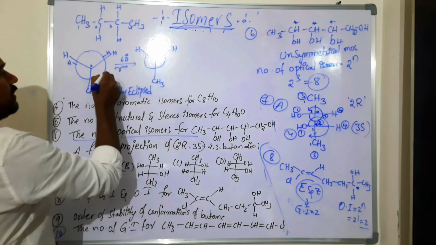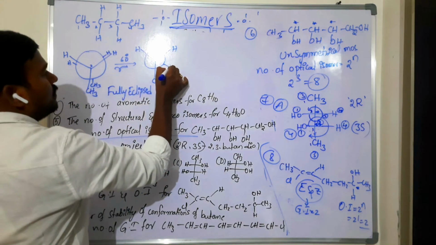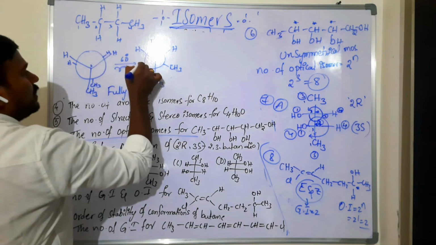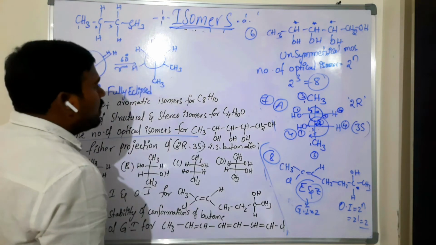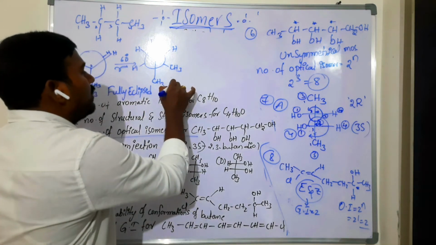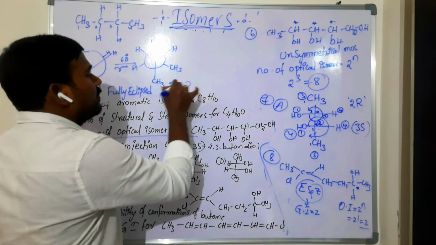Then this CH3 will come here, and the hydrogens shift from here to here. So it is called partially staggered, and it is also called skew conformation.